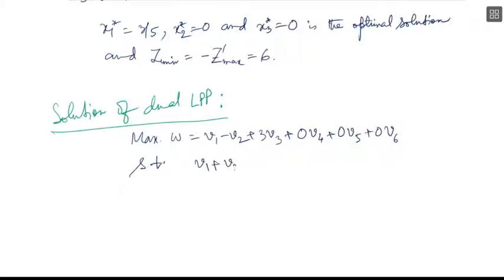The first constraint is v1 plus v2 plus v3 plus v4 equals 10.